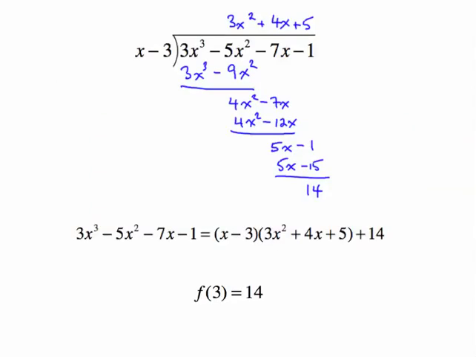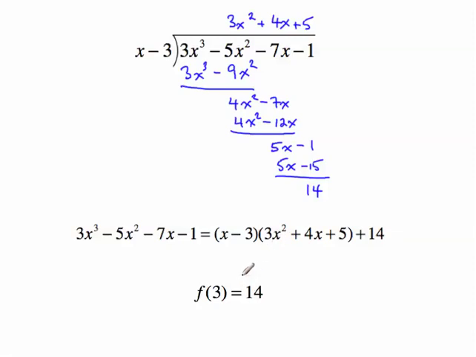So here's the example we looked at. We divided this polynomial by this binomial, and we got this quotient and this remainder. We said that we could rewrite that as this statement. The dividend is equal to the divisor times the quotient plus the remainder.